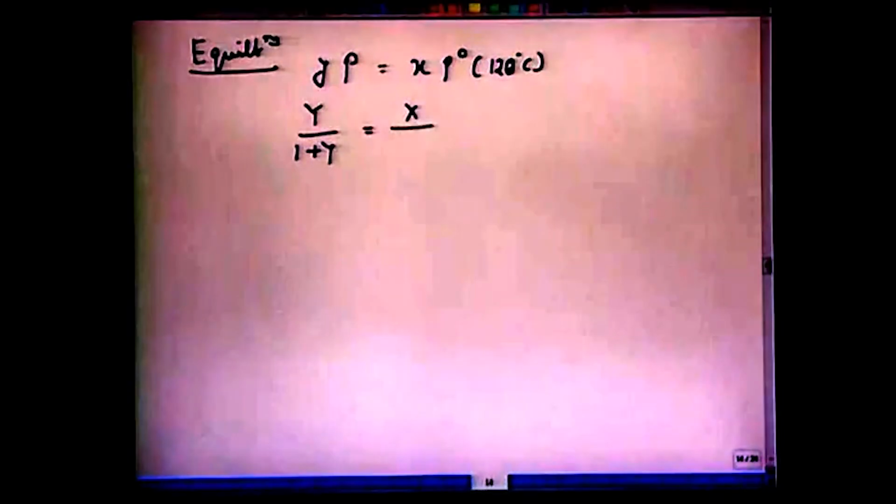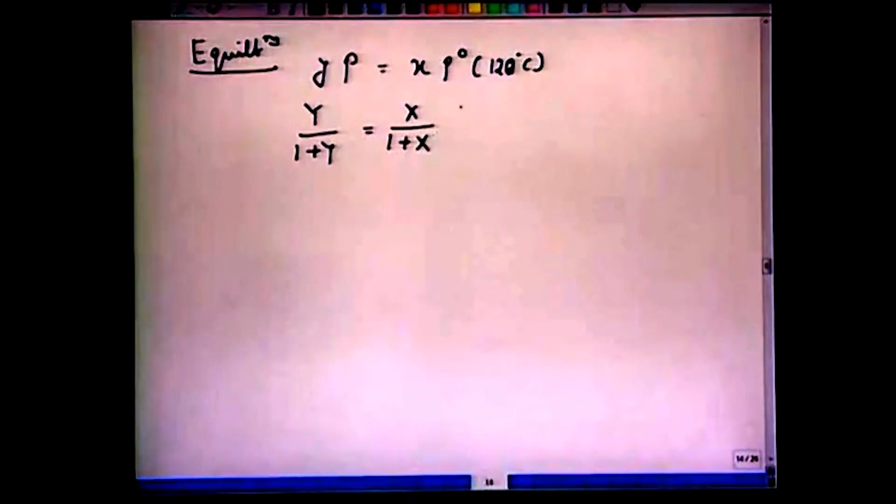So we have this equilibrium curve given as y p equals x p0. However, the vapor pressure has to be calculated at 120 degrees centigrade. So the small y mole fraction is capital Y over 1 plus Y, equals x over 1 plus X, times p0 over p.